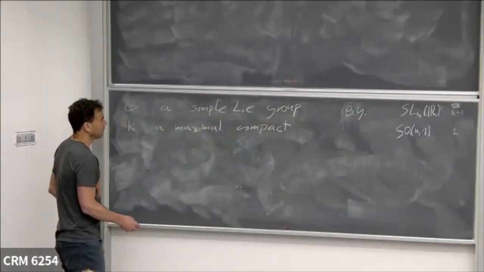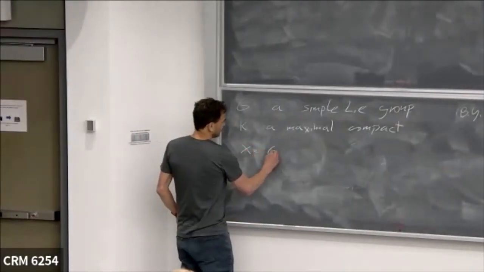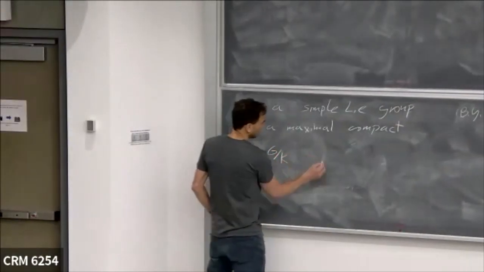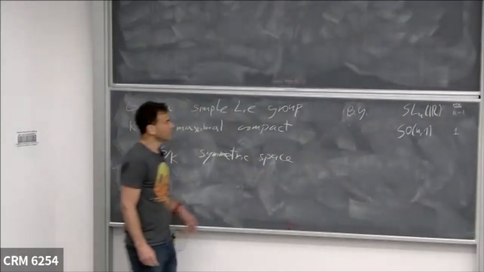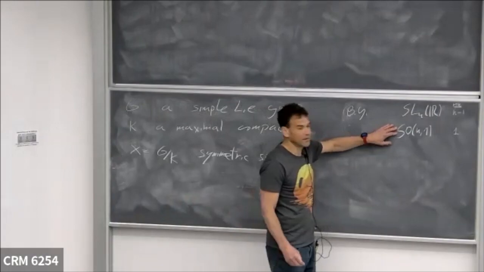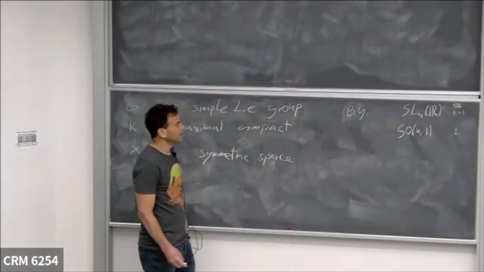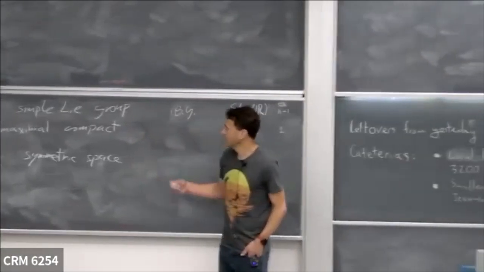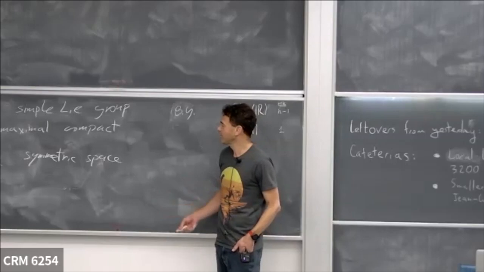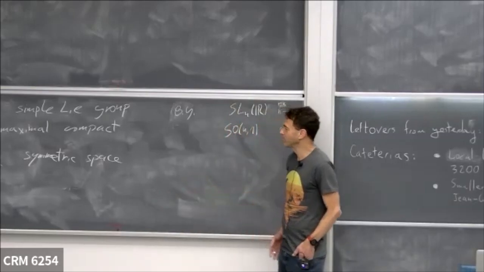K is compact, and then X will be G mod K, the symmetric space. So the symmetric space of this one is the hyperbolic space of dimension n. And so this is a very nice simply connected, contractible Riemannian manifold of non-positive curvature.